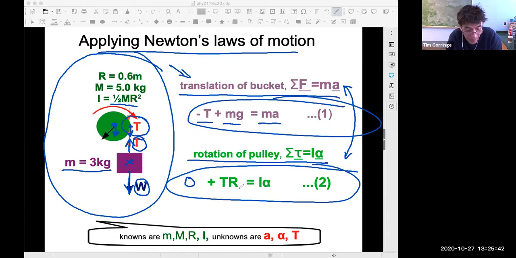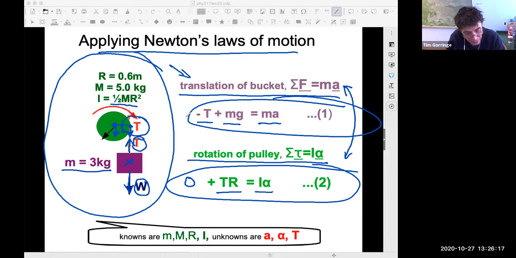And so that tension force T creates a torque that's the size of the force T times the distance of the force from the axis of rotation times the sine of the angle between this displacement vector and this force vector. That's 90 degrees, so that would just be 1. So that's the sole torque that's acting on the pulley, and that determines the angular acceleration of the pulley through Newton's second law of rotation, this little guy here.